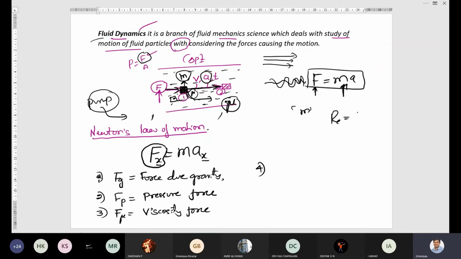When the velocity u is high, the Reynolds number will become more. If the Reynolds number is more than 3000, it undergoes turbulence, that we discussed in the previous chapter. So there is a force due to turbulence, that is Ft. What is Ft? Force due to turbulence.